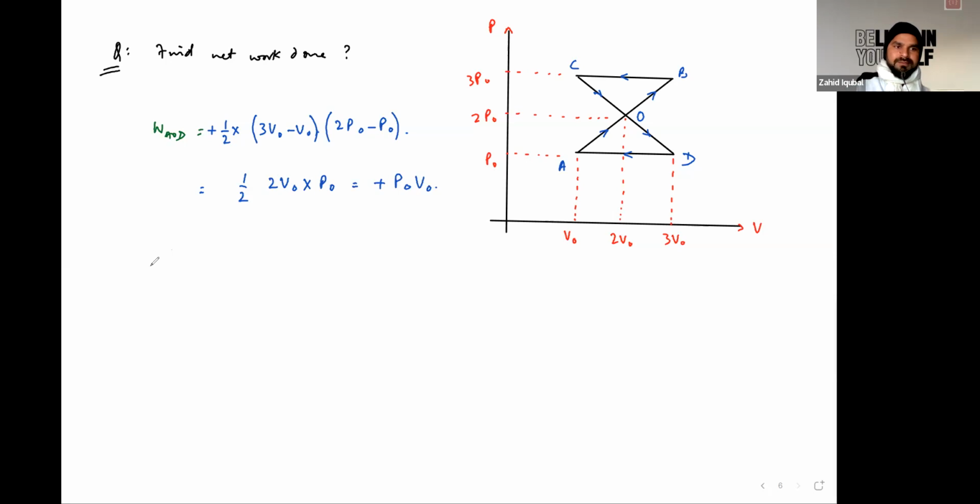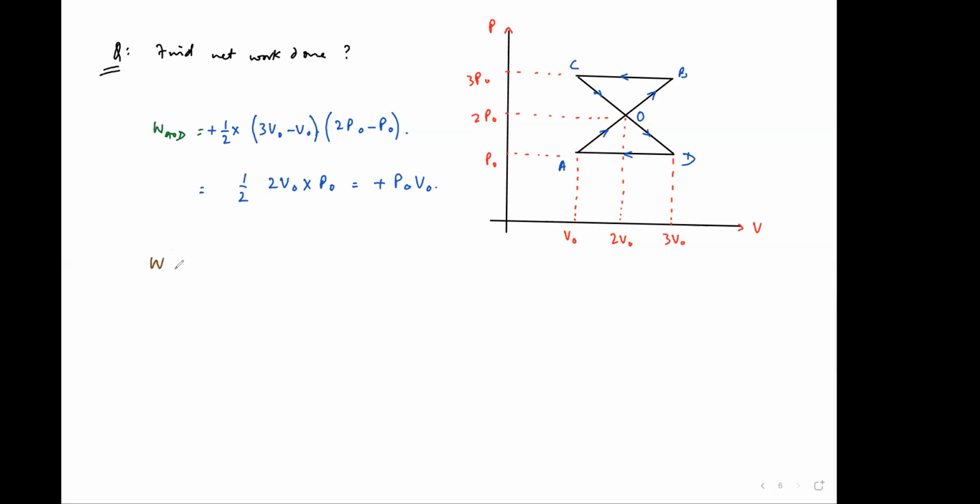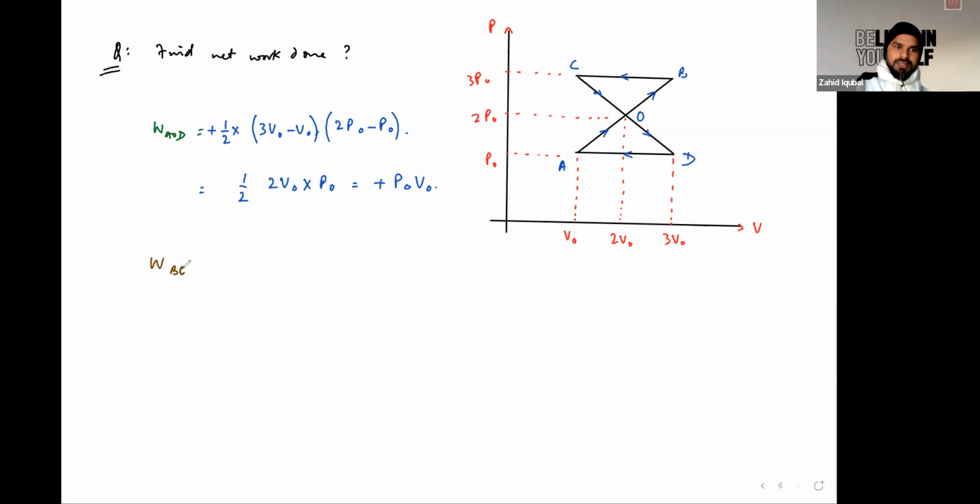Yes, sir. Similarly, if you have to calculate work done along BOC, again it will be area under the triangle. So it will be half base into height. Tell me the value of base, that is BC.